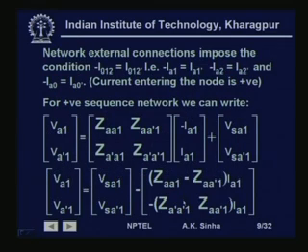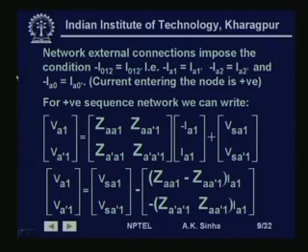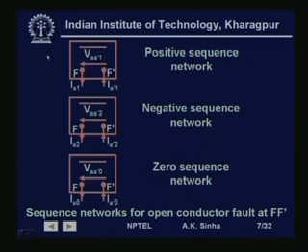So, how do we use this two-port network relationship in case of our sequence networks? Now, as we have seen, we have in this case a system where we have IA1 coming out and IA dash 1 going in.